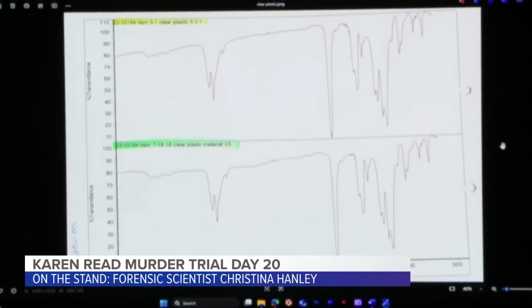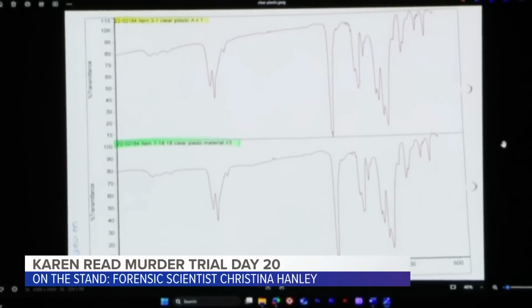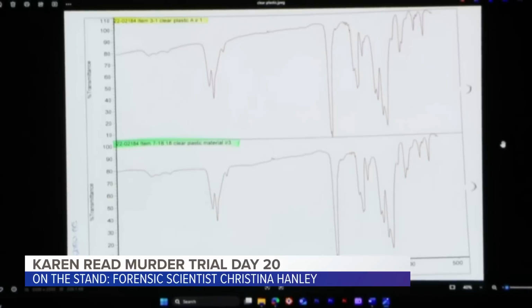So this is the FTIR comparison data of the clear plastic from item 3-1 and the clear plastic from item 7-18.18. And Ms. Hanley, if you could, using the laser pointer before you, direct the jury's attention to which is which as far as the top and bottom here.